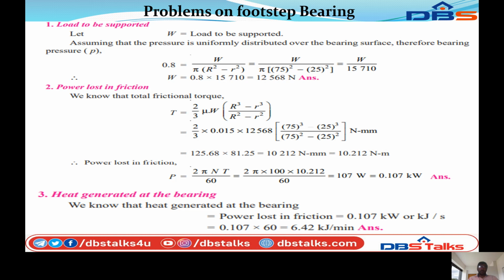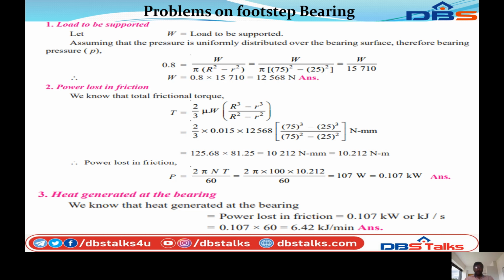So substitute the values: P equal to 0.8, so W by pi into (75 square minus 25 square). Calculating, W by 15,710. So W is equal to 0.8 into 15,710, that equals 12,568 Newtons. So finally the load to be supported, W, equals 12,568 Newtons.